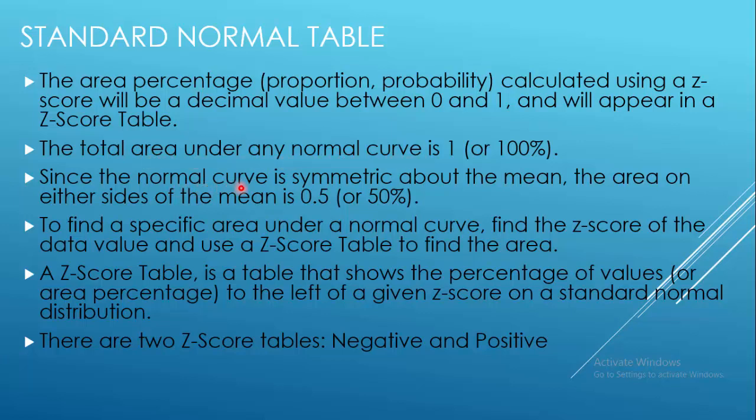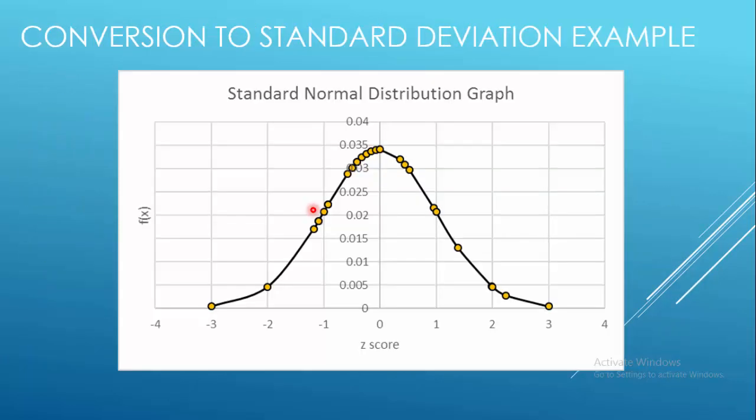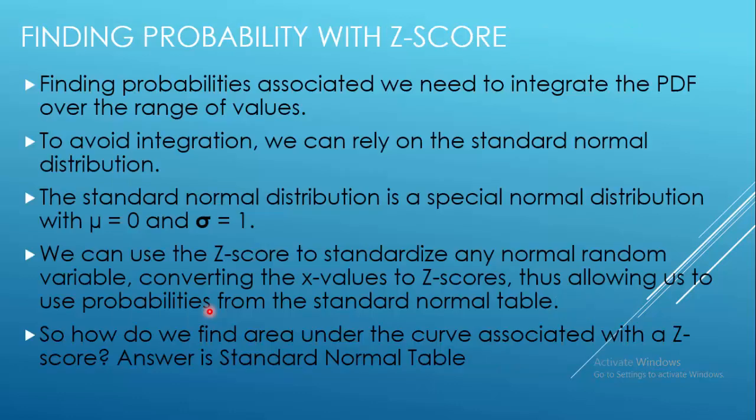Since the normal curve is symmetric about the mean, the area on either side of the mean is 0.5. So the total area is 1, the area from the left up to the mean is 0.5, and the area from the mean to the right is 0.5.